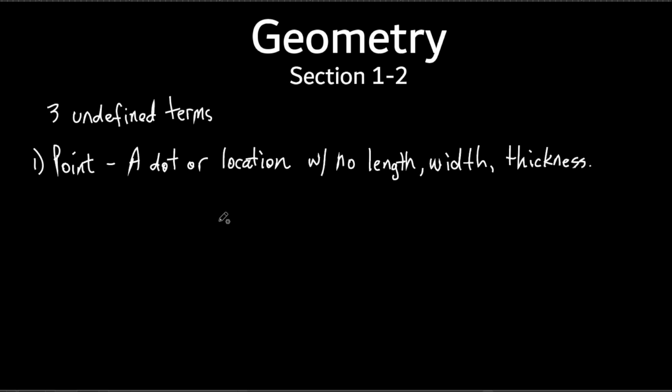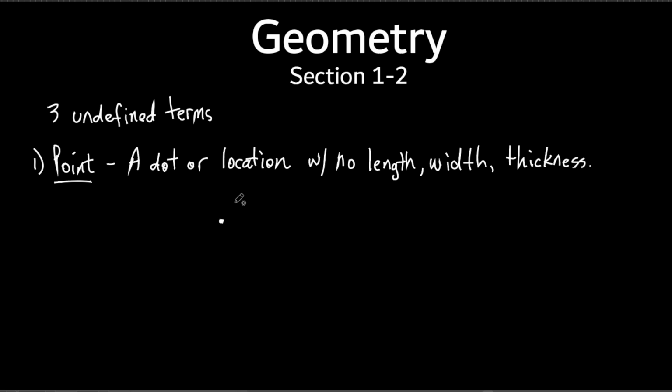So if I was to draw a point, I would put a dot. And you're like, well, Mr. Hamrick, that has width, that has height. If it was on a piece of paper, it would have some thickness, okay? But we just use a dot to represent where the point is actually located. Everybody understand that? So a dot is just a location. It's a place in space, somewhere. That's what a point is.